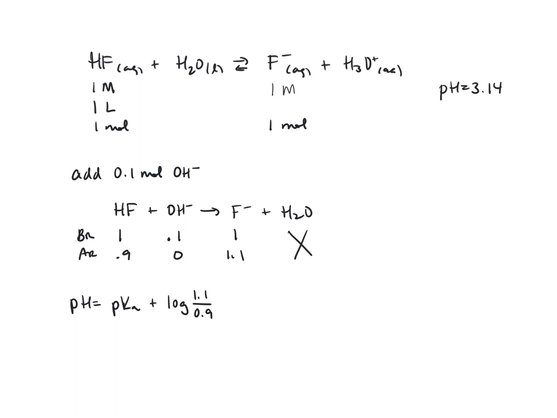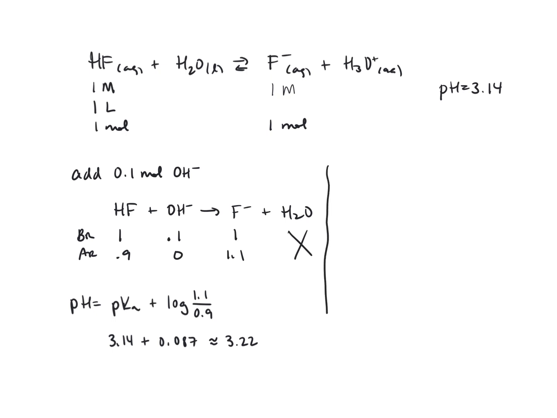Okay, and then when you put that in the calculator here, the pKa, by the way, was 3.14 earlier, and then log of 1.1 divided by 0.9 gives you 0.087, and we add that to 3.14, and that gives you a pH of roughly 3.22. So you can see, I consider that a very small change in the pH. We consider anything less than 1 to be a small change in the pH.